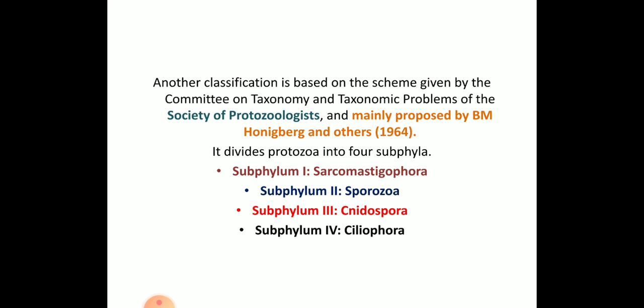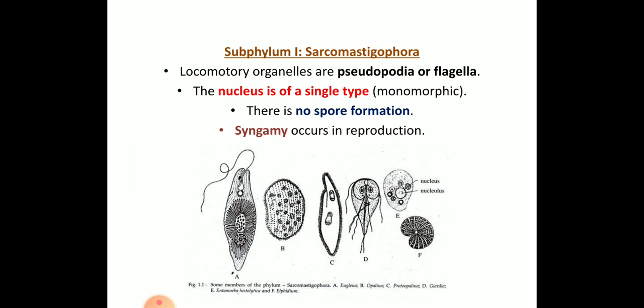These are the four subphyla: 1, Sarcomastigophora; 2, Sporozoa; 3, Nidospora; 4, Ciliophora. It is the same classification, but there are some modifications in their general characteristics and variation. Let's begin in detail with the first subphylum, Sarcomastigophora. In this subphylum, the locomotory organelles are pseudopodia or flagella.